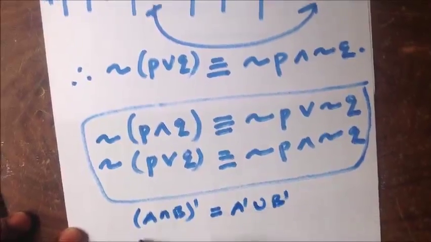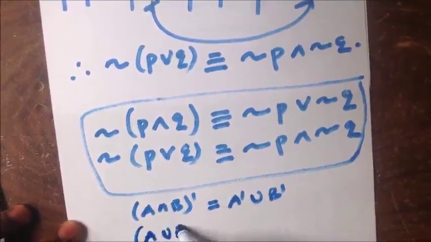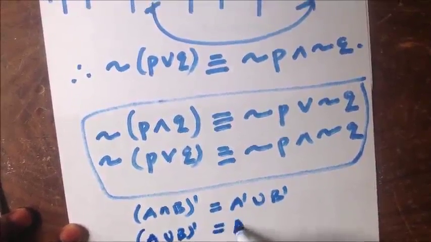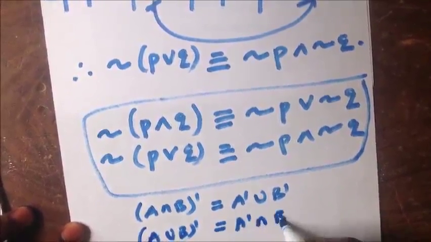And A union B, all complement, is equal to A complement intersection B complement.